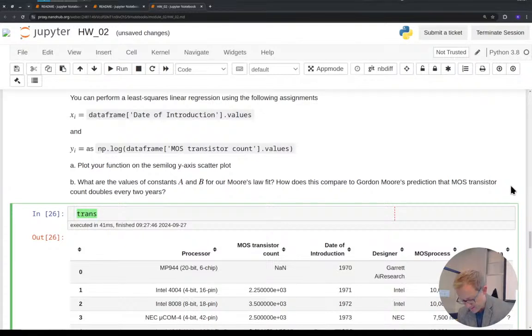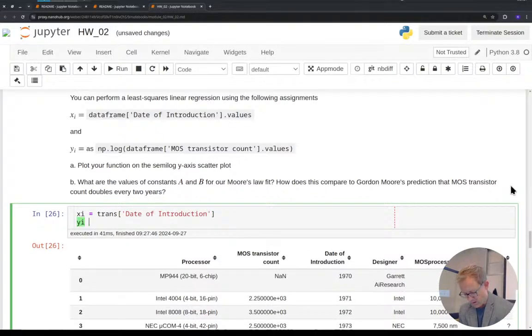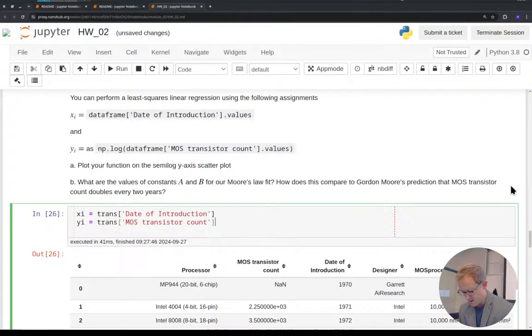All right, so my X values, I'll call them xi, are going to be my date of introduction. My Y values are going to be my MOS transistor count. And if I want to turn them into actual NumPy arrays, I could say dot values.